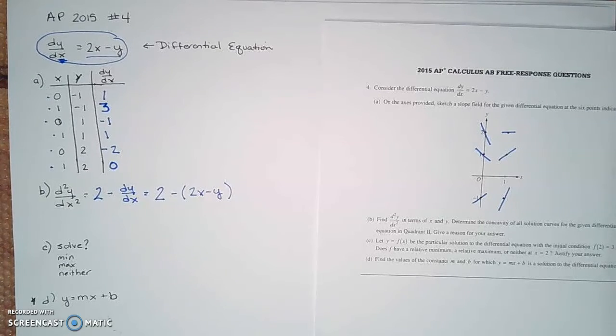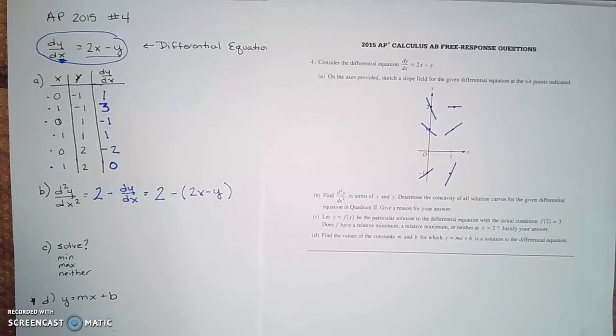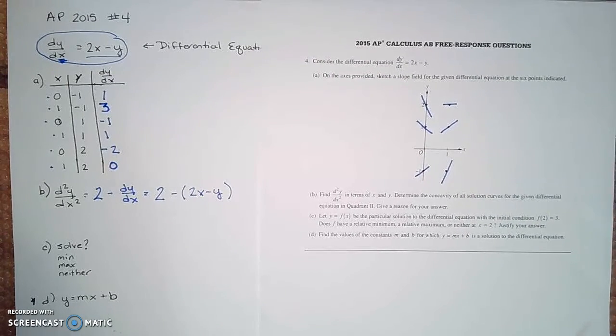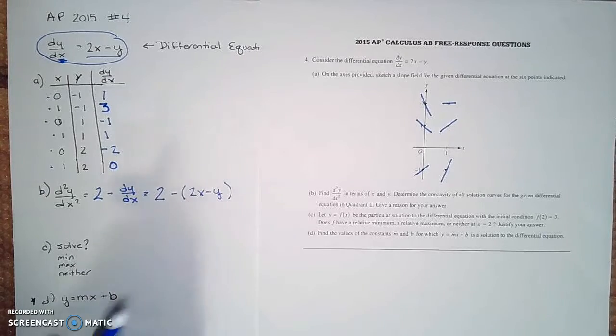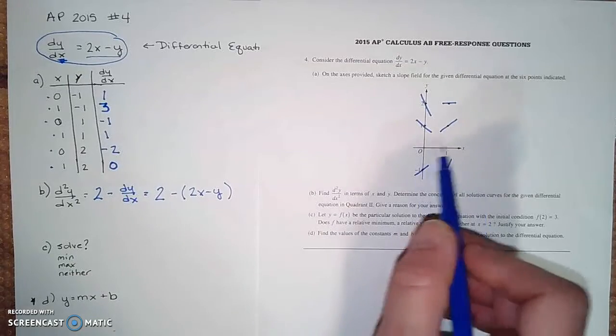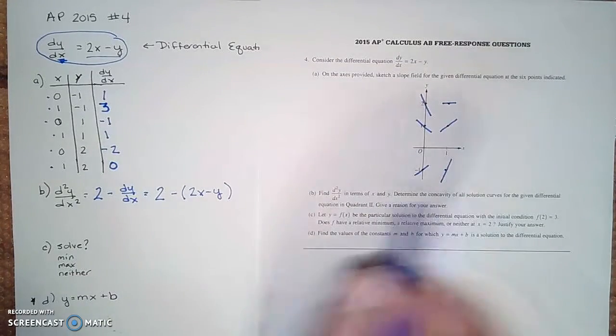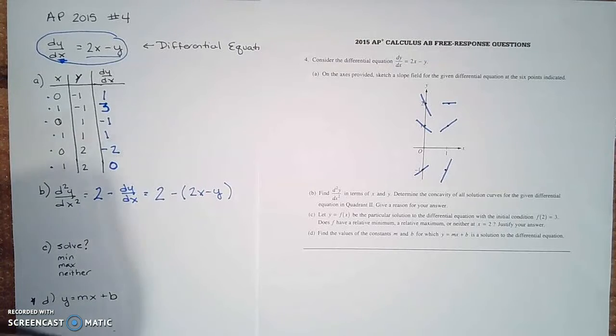And they asked me about concavity. They say determine the concavity of all solutions in quadrant 2. So all I need is a value from quadrant 2. So I'll pick the point 1, negative 1, quadrant 2. I have to pick a point in quadrant 2.